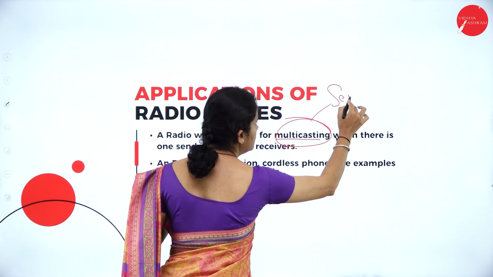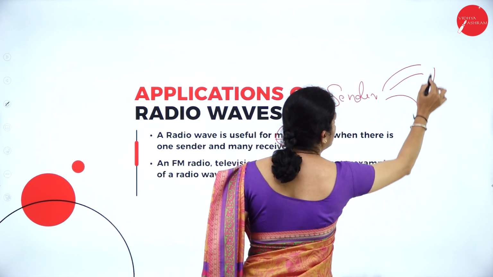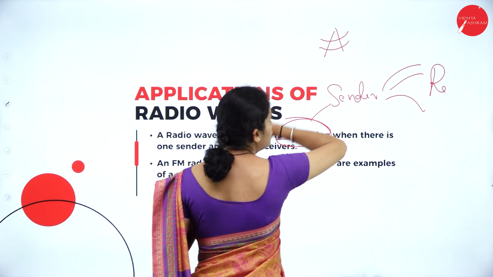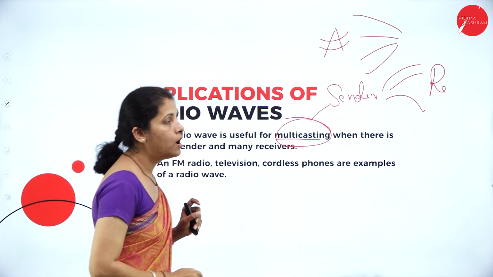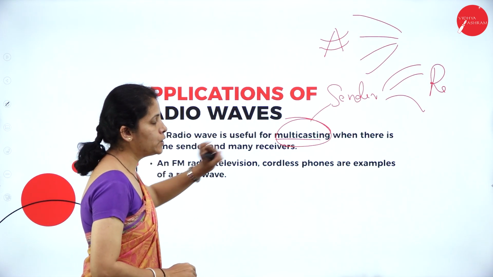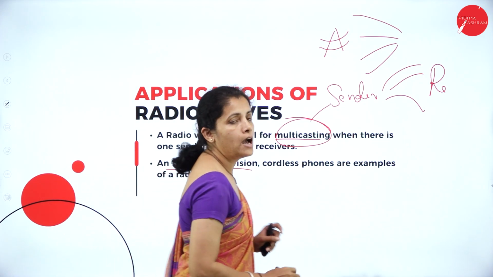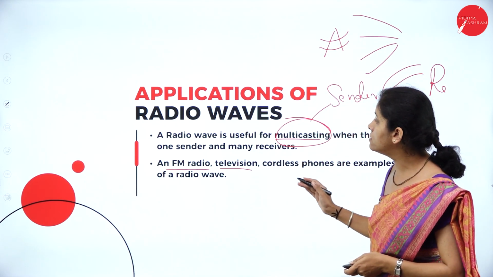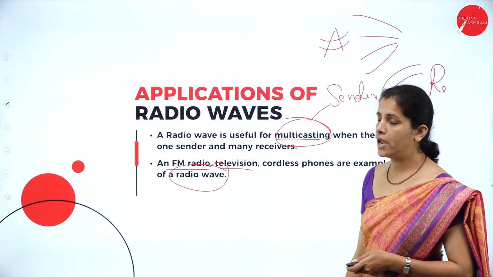One sender and many receivers. Radio station and n number of viewers are the best example for radio waves. Along with that, television as well as cordless phones are good examples of radio waves.